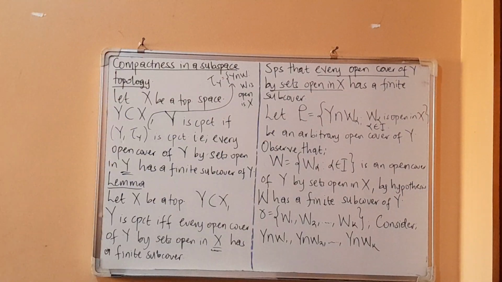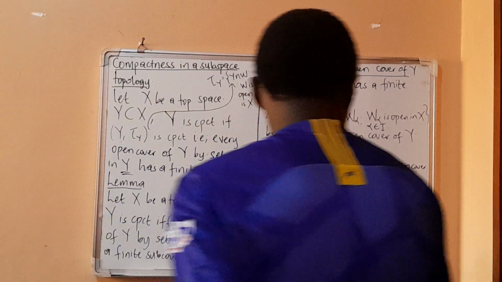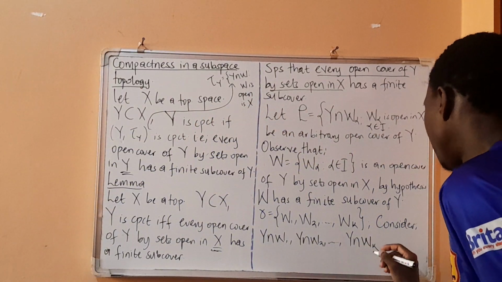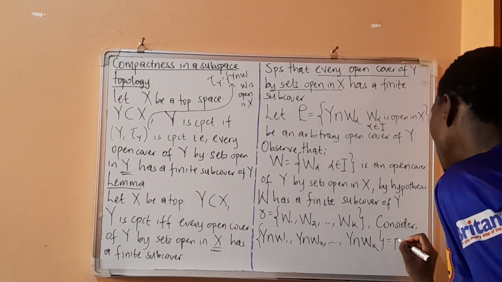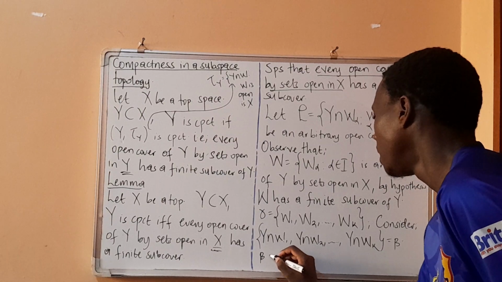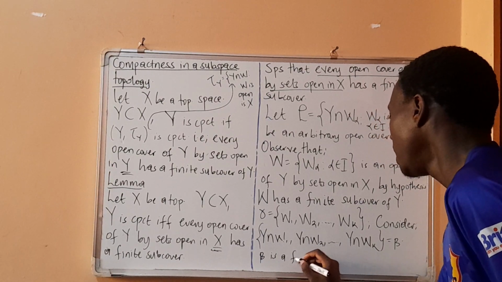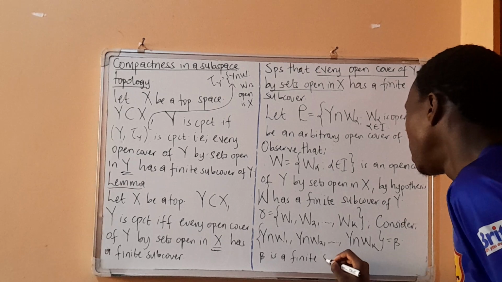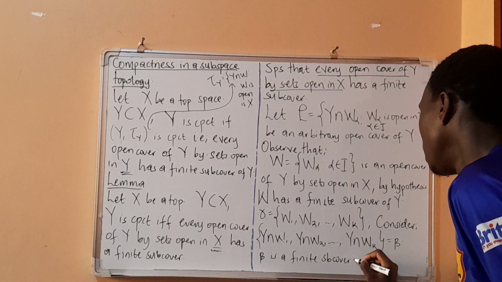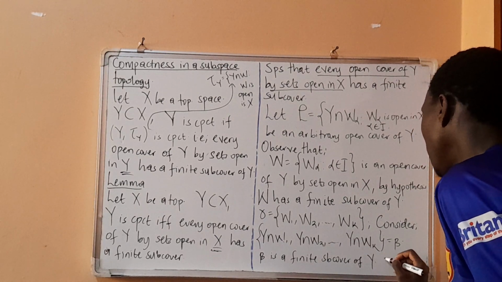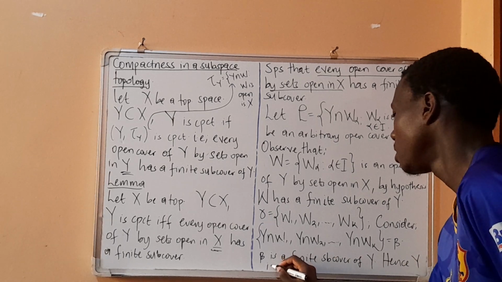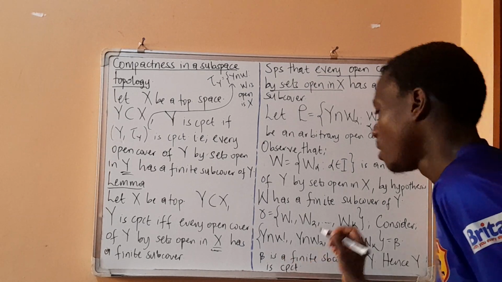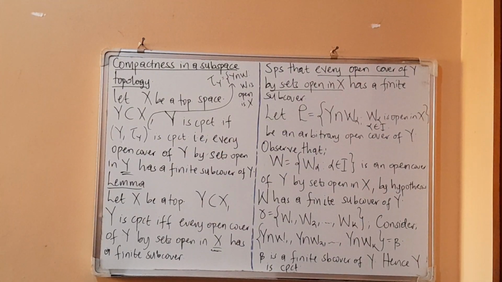Consider this collection, which I can call beta. We realize that beta is a finite subcover of Y. Hence, Y is compact. So that is the proof of that.